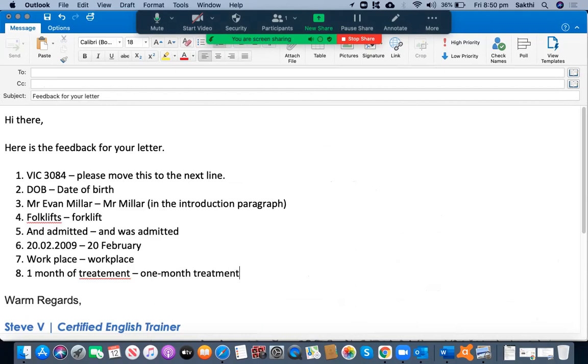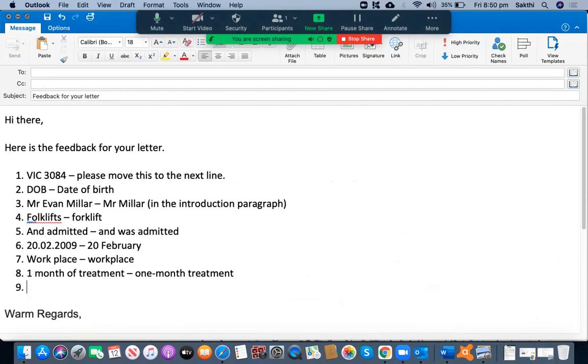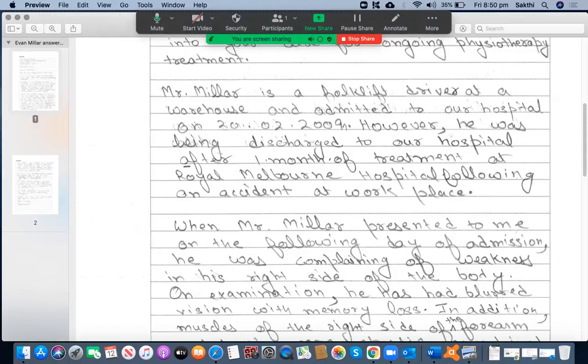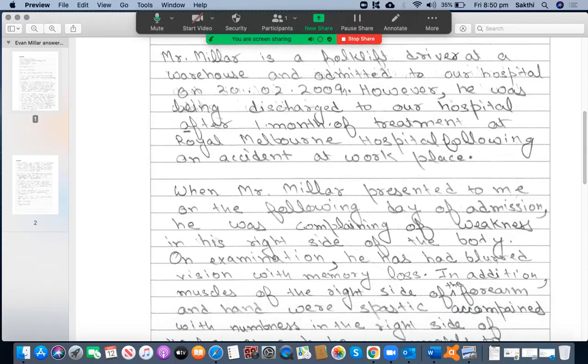That could have been much better. So, however, he was being discharged to our hospital after 1 month treatment at Royal Melbourne Hospital following an accident at workplace. So everything else is all good.